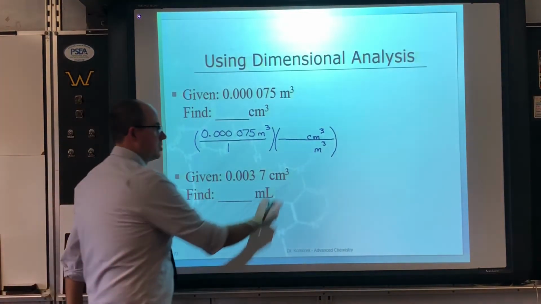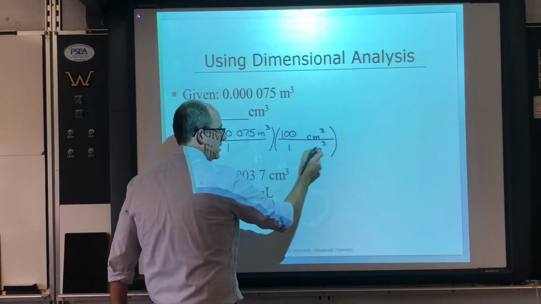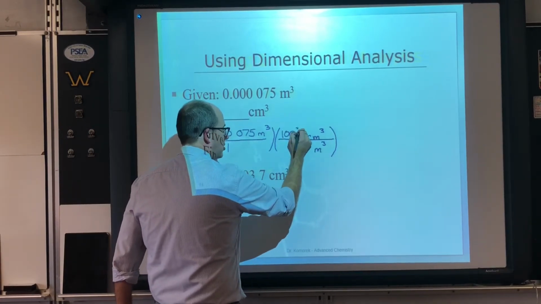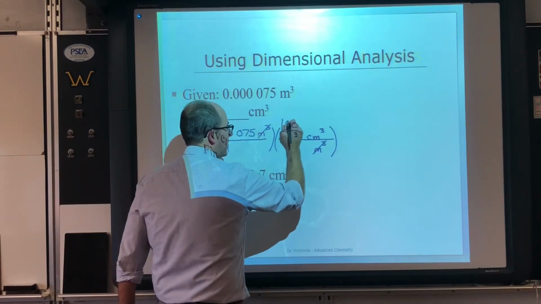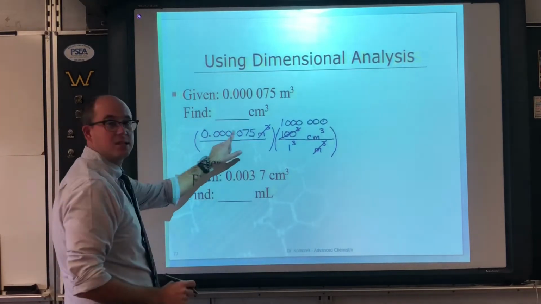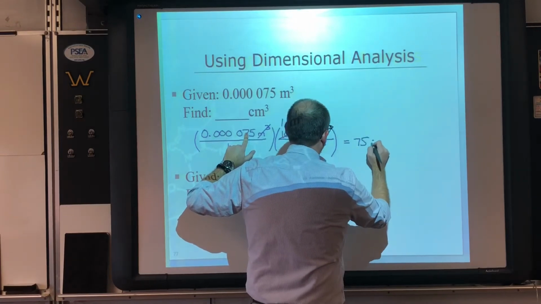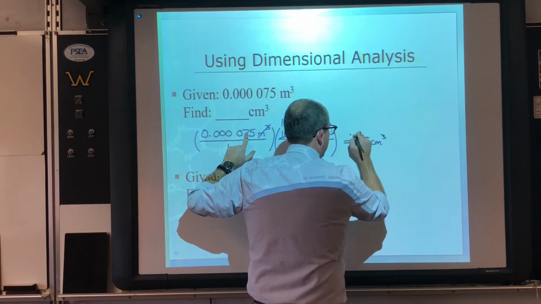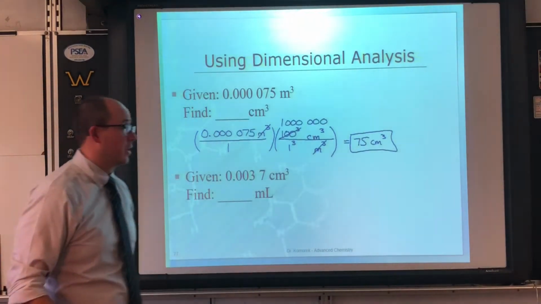Put in our numbers. 1 meter is 100 centimeters, but since it's cubed, I cube all terms. Meters cubed and meters cubed cancel. 100 cubed is 1,000,000. And this times 1,000,000, 75 centimeters cubed. And as always, double check your sig figs. 2 and 2, we're good.